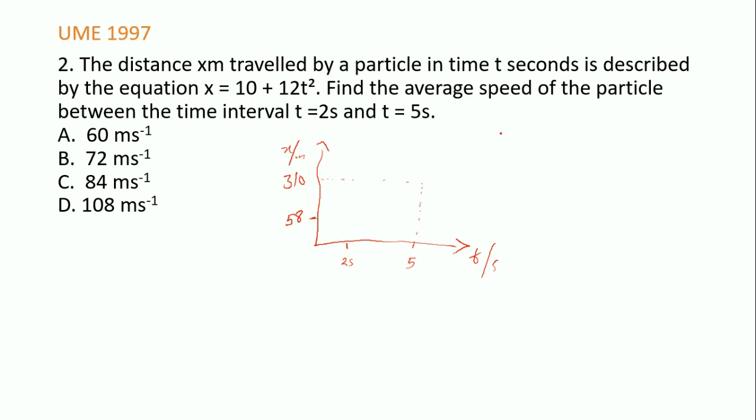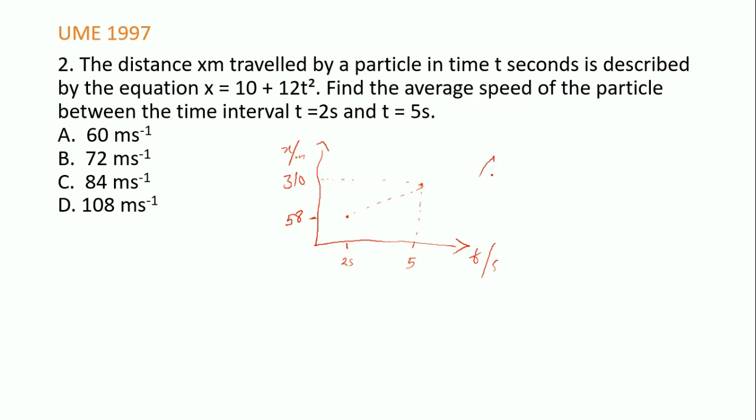Now for us to get the average speed, we just have to look for the difference in the distance, because you are told between the time interval, so you need the distance covered within the time interval, which is going to be the difference between these over the difference between these.